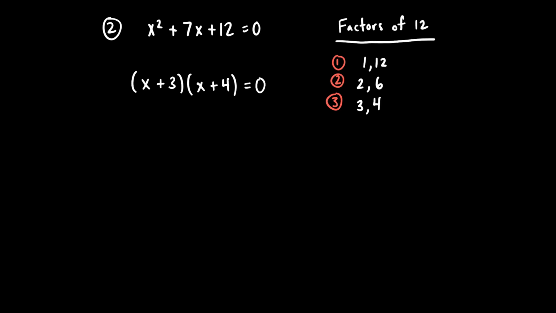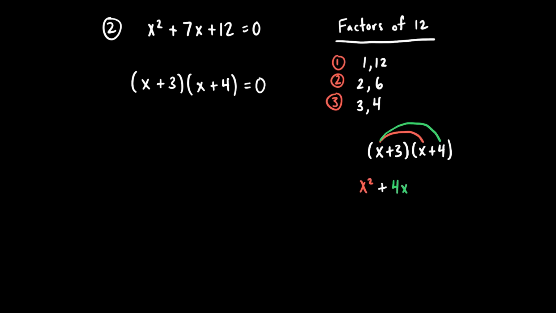If you're not sure if you did this correctly, just take x plus 3 and x plus 4, multiply it out, and see what you get. I'm going to do that for this one. x times x gives you x squared. Then multiply x times 4. This is how you distribute. So you get plus 4x.